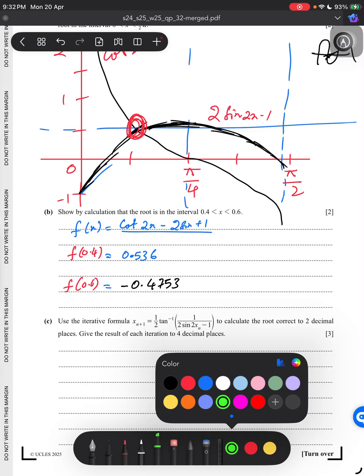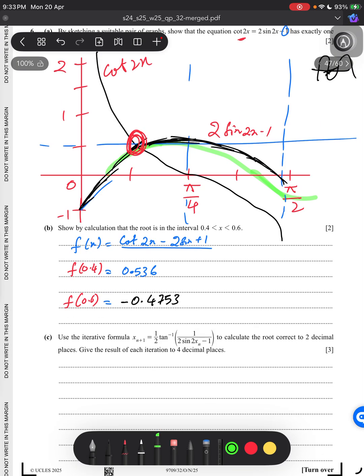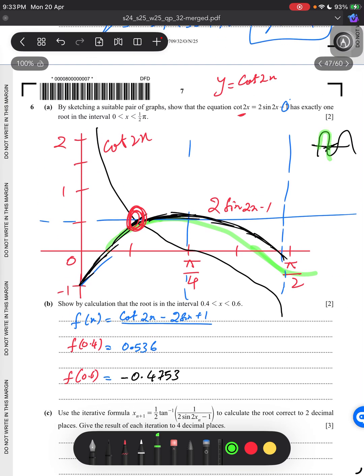As you can see on the curve, over here it is going from positive to negative. So over here it is also going positive to negative. And the sine wave is always moving from positive to negative. Over here is also like that.